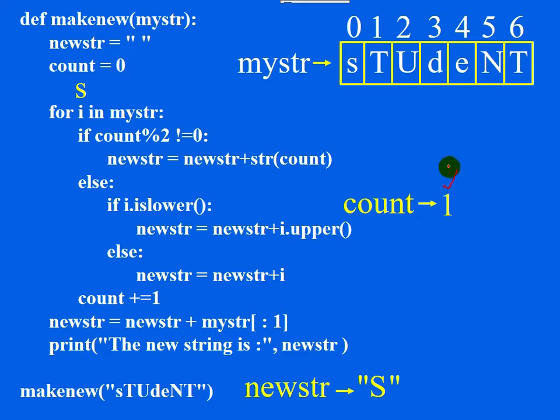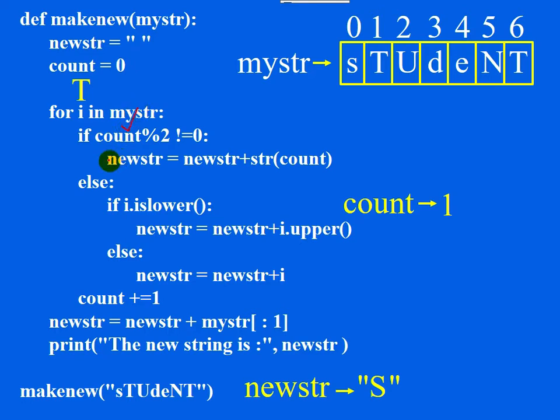Yes, it's done. Now again for loop, I takes the next character in this string. What is the next character in that string? Capital T. So here I contains capital T. Now what does count contain? 1. So 1 modulo 2. When you divide 1 with a 2, remainder.